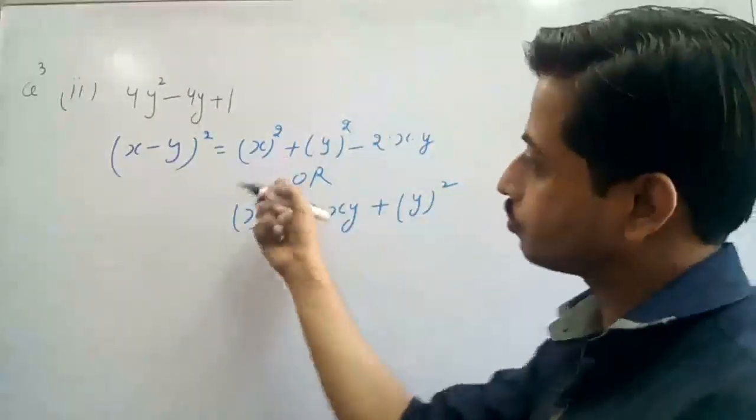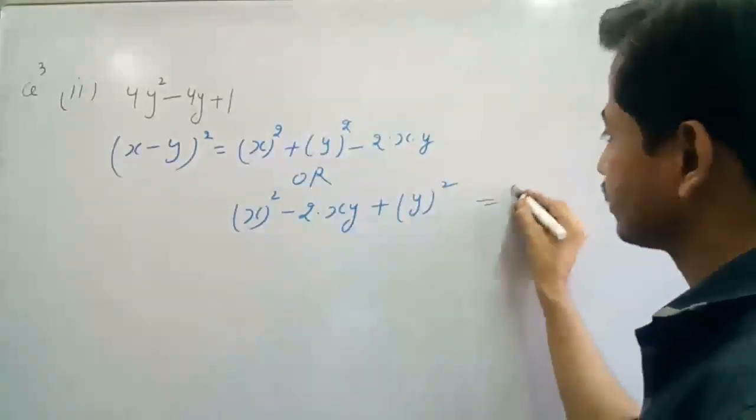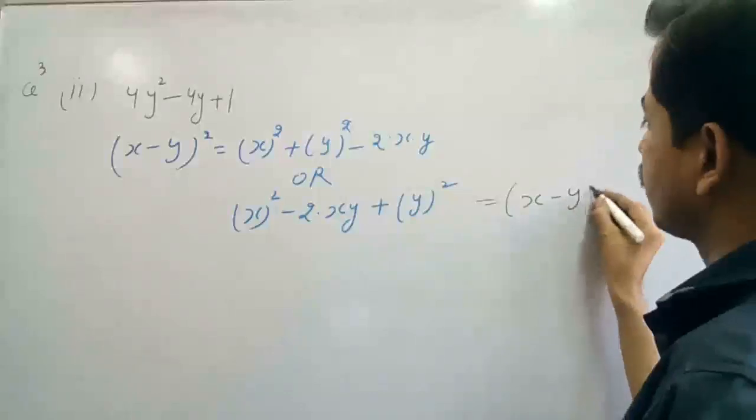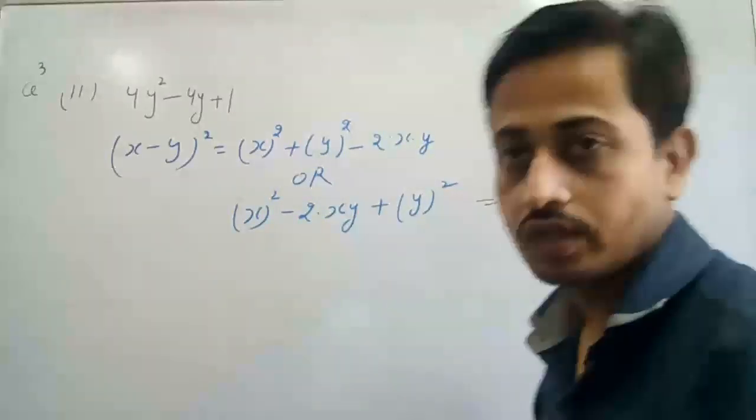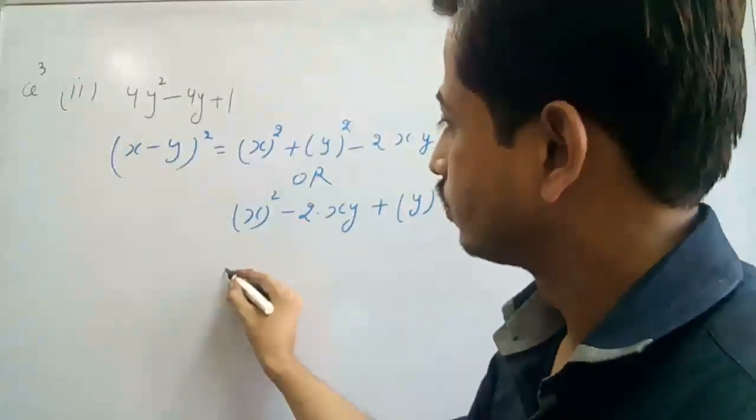It means we have to find this format. So this is our answer, x minus y whole square. Now compare with our question. What is the question?